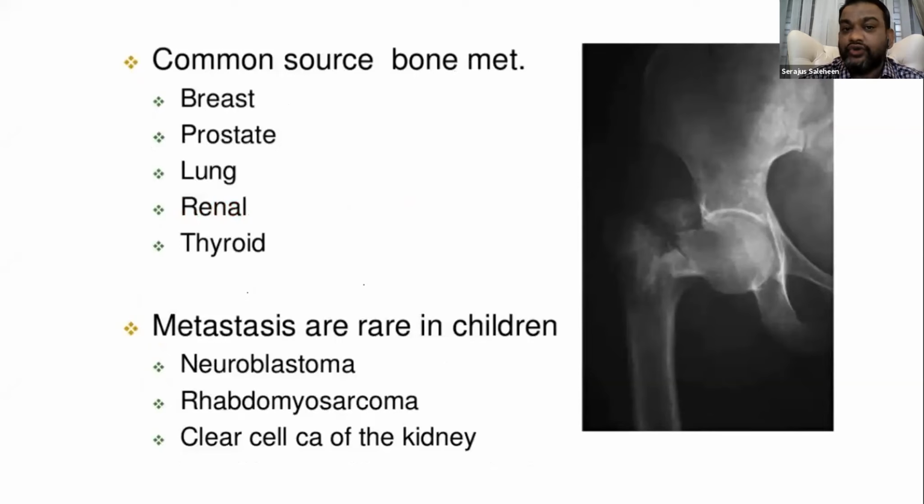The common sources of bone mets are carcinoma of the breast, prostate, lung, kidney, and thyroid. In children, metastasis is rare, but may be found in neuroblastoma, rhabdomyosarcoma, and clear cell carcinoma of the kidney.